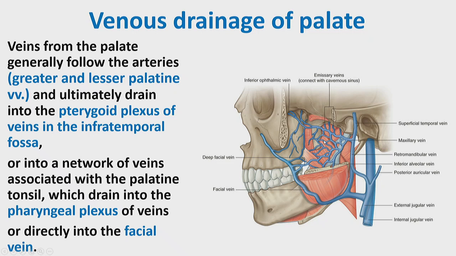Another place for the drainage of the soft palate or palate is the pharyngeal plexus, in the dorsal wall of the pharynx.